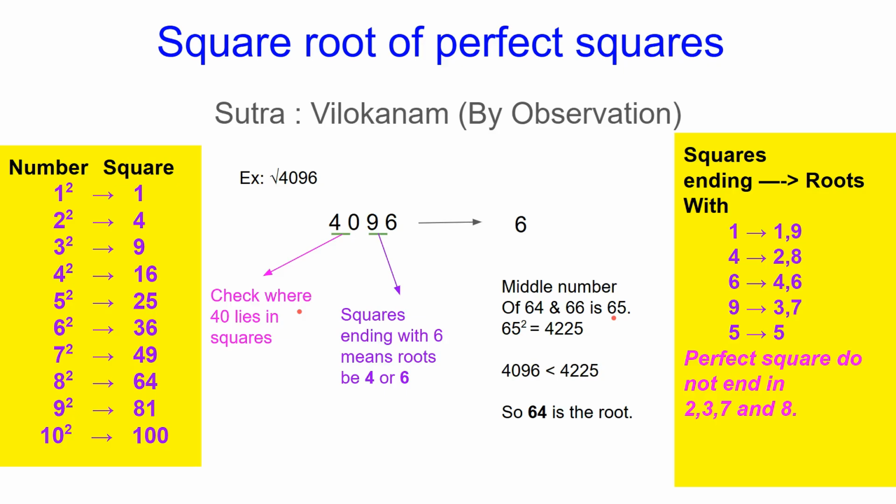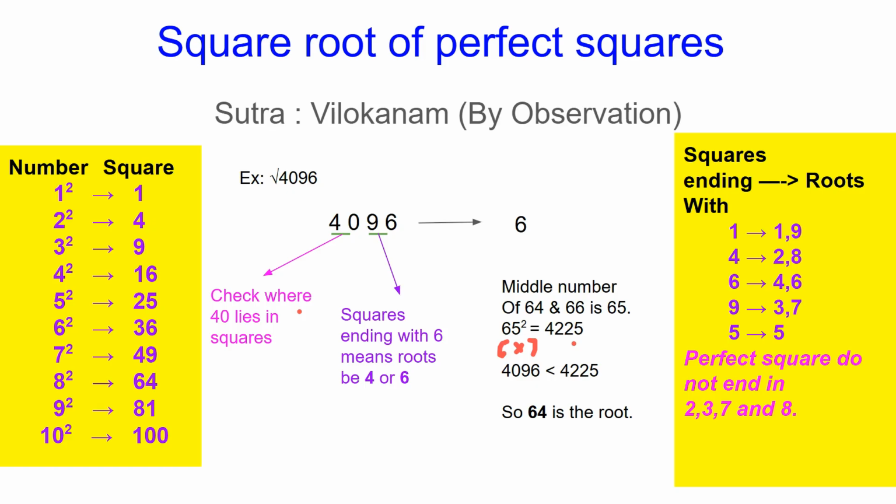In my previous video, I explained how to find the square of a number which ends with 5. So 65 square is 4225. Actually, we are taking the successor of 6, that is 7. So 6 times 7 is 42 and the square of 5 is 25. So 4225.